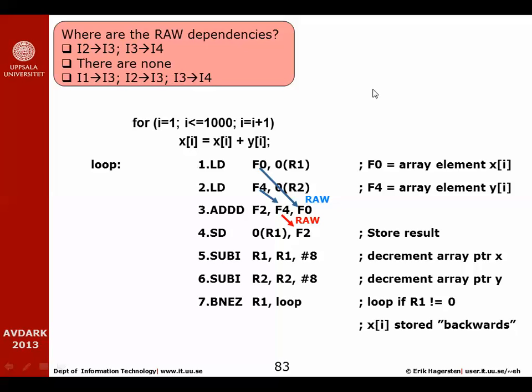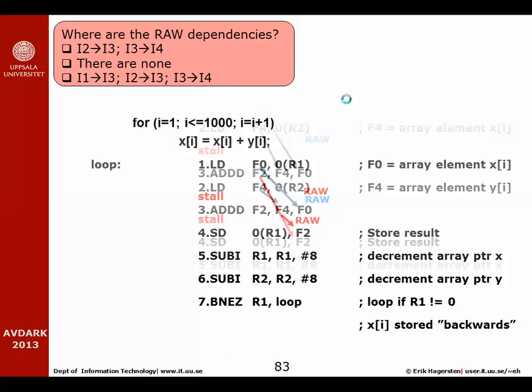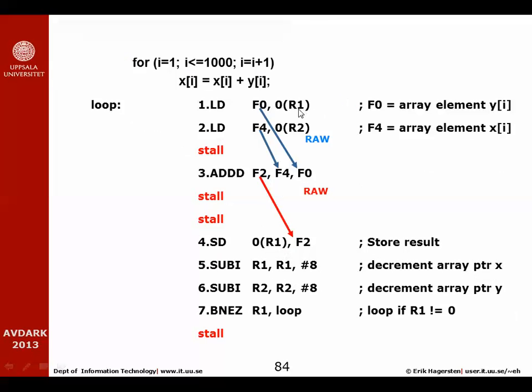So the follow-up question is, how many cycles would it take to execute this, assuming that we do not optimize the code? And the answer here is 11 cycles. Looking at the next slide, I showed you how the stalls would be inserted in this code. It's very similar actually to the previous example.